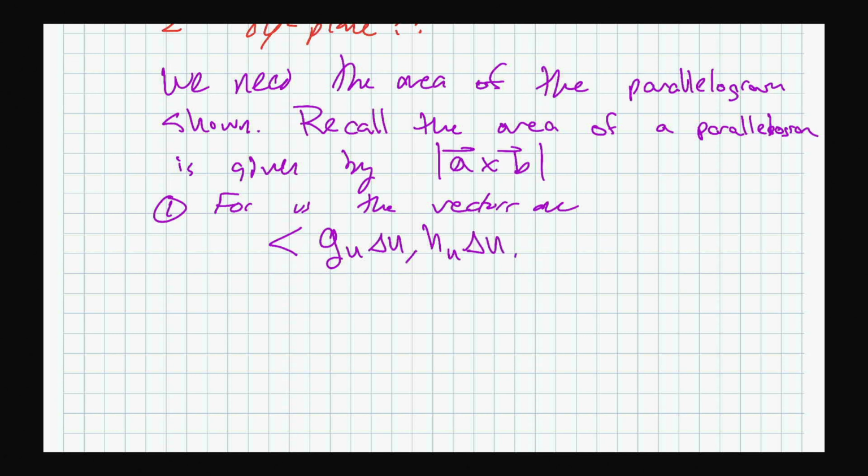And then what we have to do is pad this with a 0, because in order to do a cross product, we need a three-dimensional vector. And the other one would be gv delta v, hv delta v. And then again, just stick a 0 on the end here. Okay.